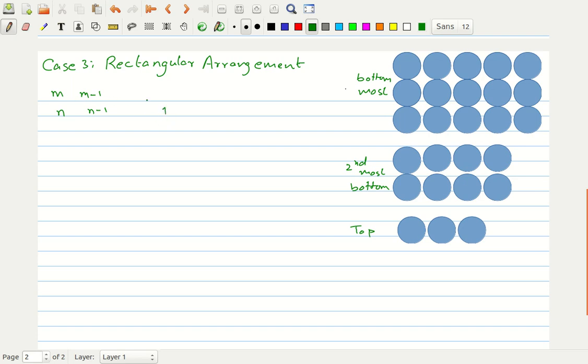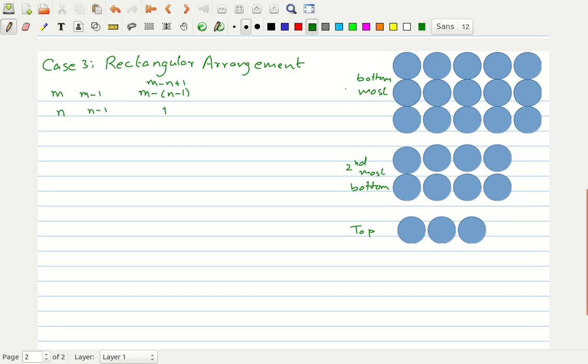What will be the value of m here? We have reduced n by n plus 1, right? So we will be having m minus n minus 1, which is actually equal to m minus n plus 1, right?